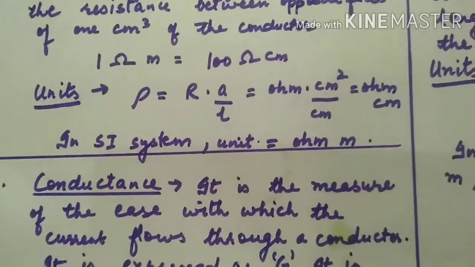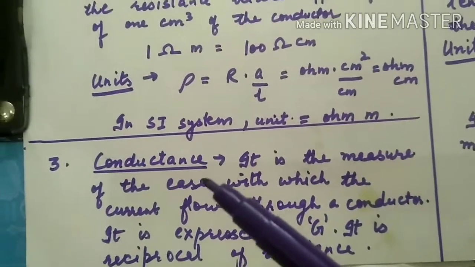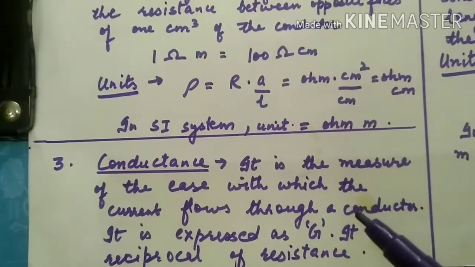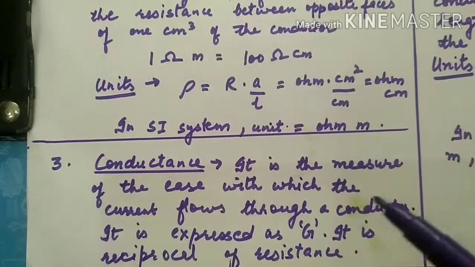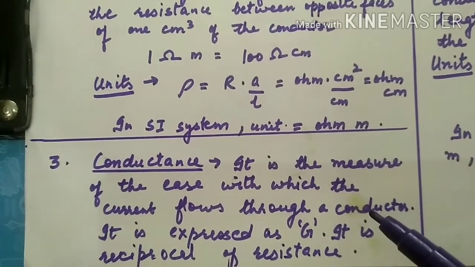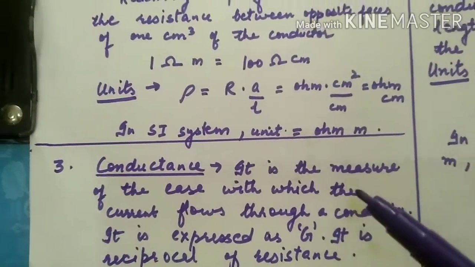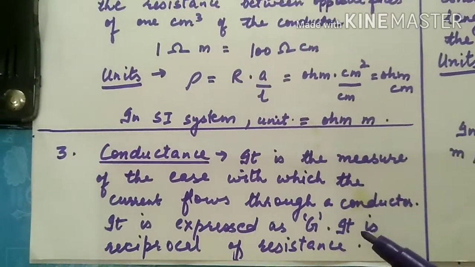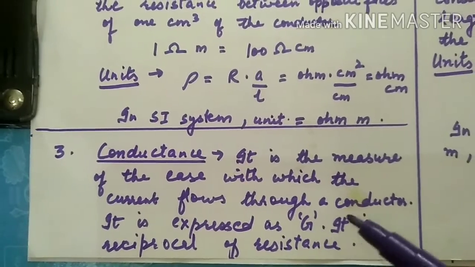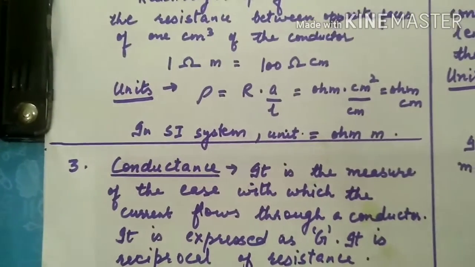Conductance, the next term. So conductance is the measure of the ease with which the current flows through a conductor. Resistance was the obstruction to the flow of current. Conductance is the measure of the ease with which the current flows through a conductor. It is expressed as G and it is the reciprocal of resistance.